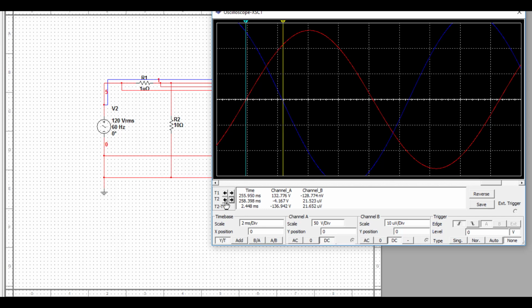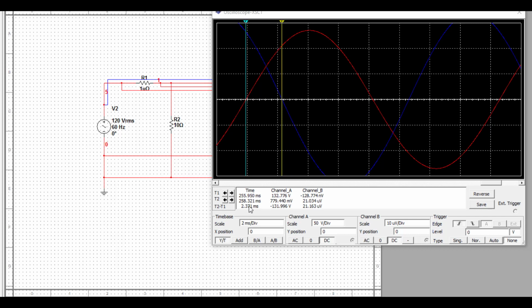That's going to be as close as we get to that. Okay, so if we look at the results here from lining up those markers using the oscilloscope, we can see we have a T2 minus T1 here of 2.37 milliseconds.